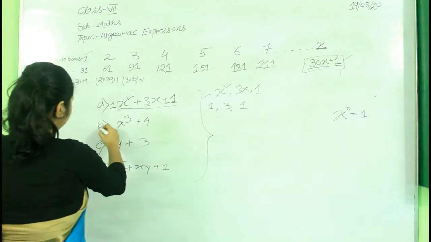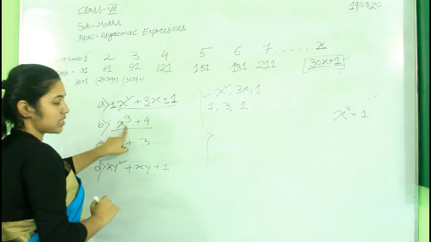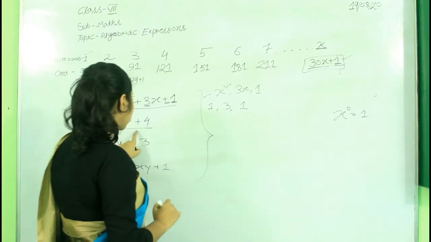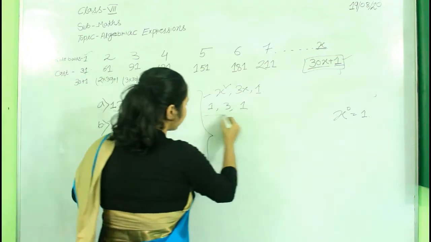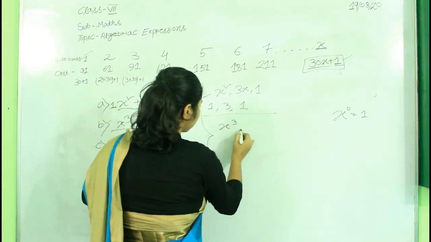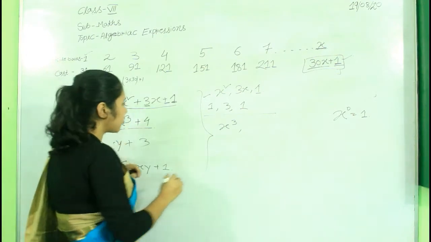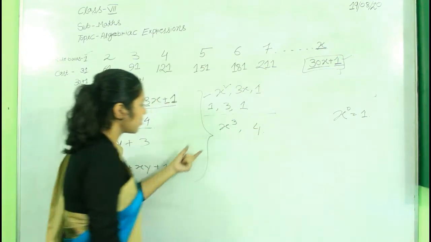Okay. Now come to your next expression, which is x cube plus 4. Now in this expression we have two terms. First one is x cube and second one is 4.